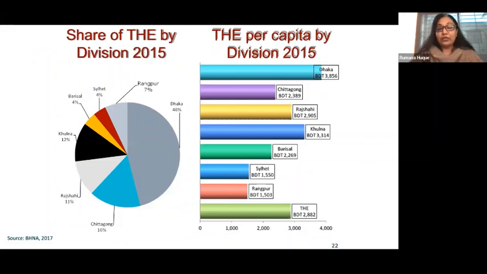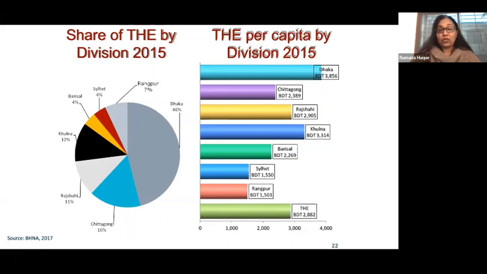So if we look at the geographic distribution of total health expenditure, this diagram shows it by division, in different parts of the country, and National Health Accounts really helps to see how much is being spent on health in different parts of the country. You can see that Dhaka, the capital of Bangladesh, accounts for 46% of total health expenditure.